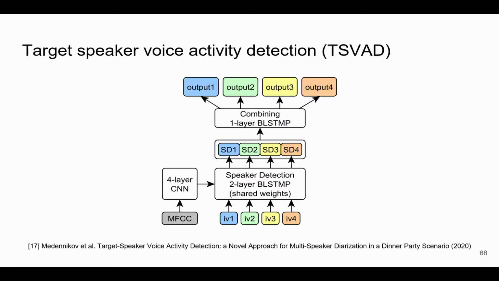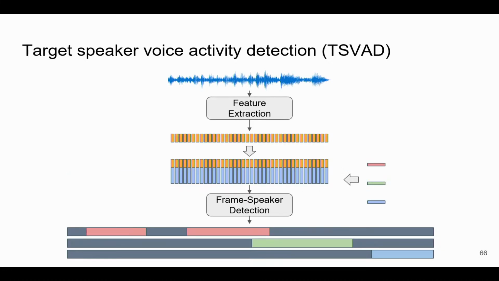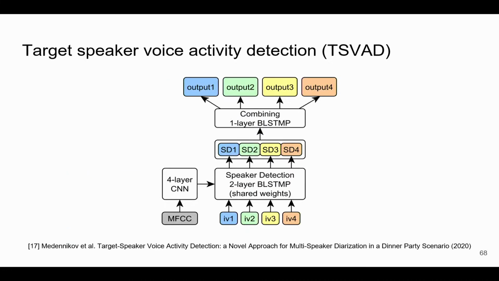First there is this BLSTM that gives you some per-speaker representation, and then there is this combination to produce the final outputs. And the acoustic features they used for the frame speaker detection, which is this block over here, were MFCC through a few layers of convolution network.